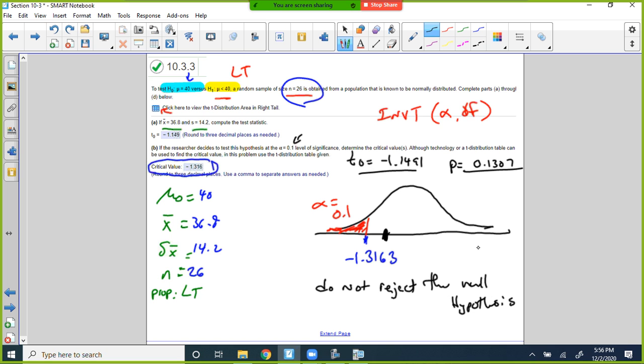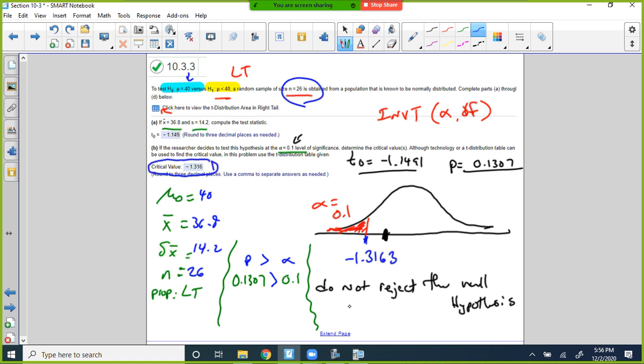Okay. Now that's doing it with the t value, the t sub 0 and a critical value. We're going to do it also with the p-value. So we have a p-value of 0.1307, and then we had an alpha of 0.1. Now, when you compare these, here's the p, here's the alpha. The p is greater than the alpha.